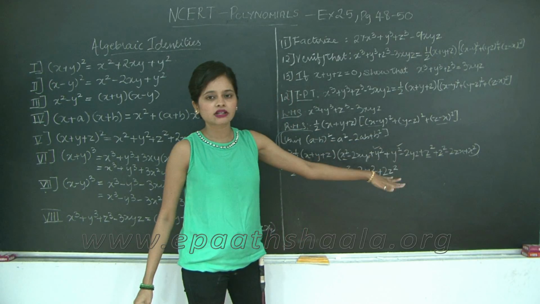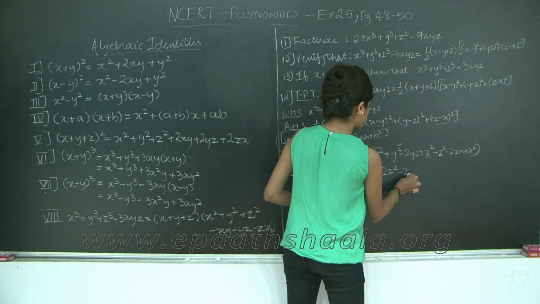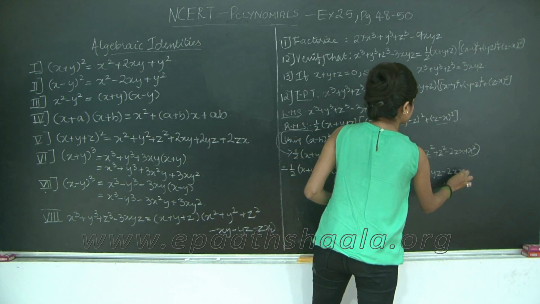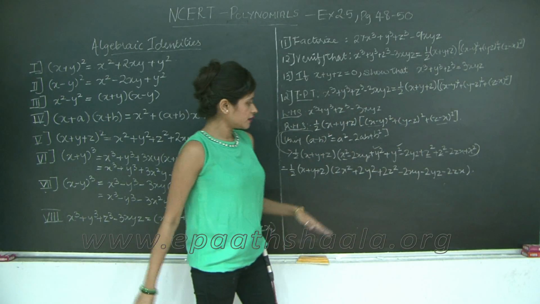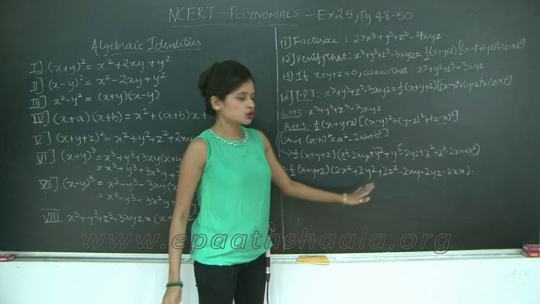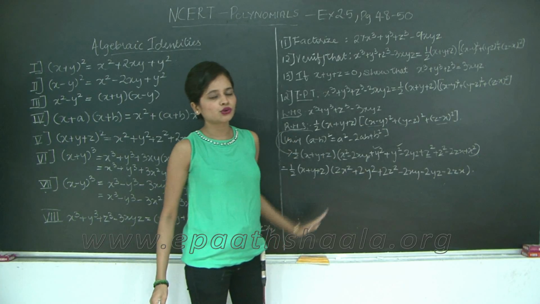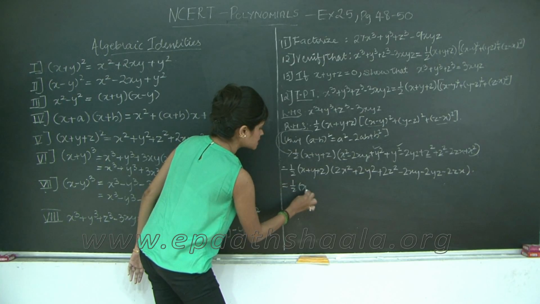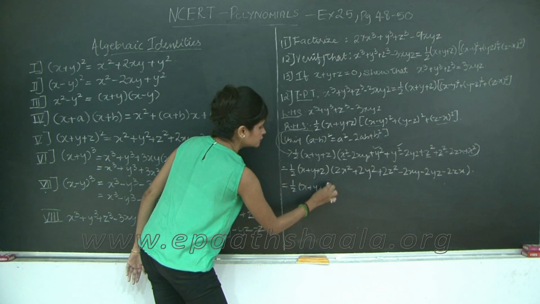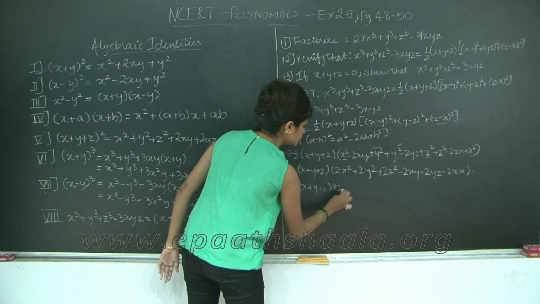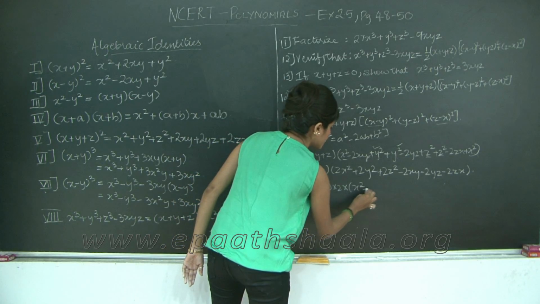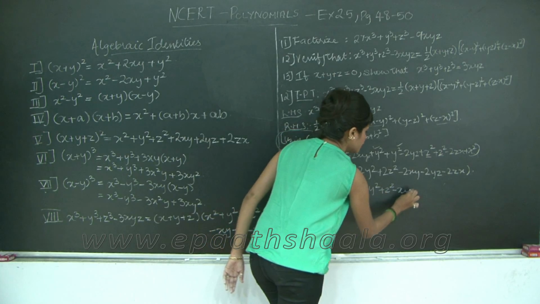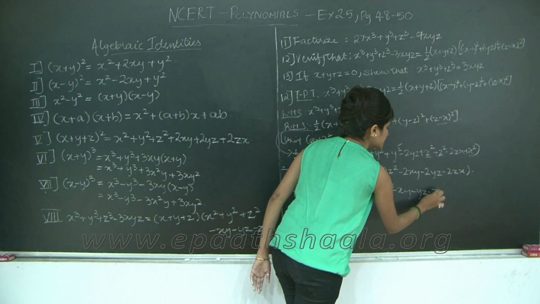So I write the remaining terms as they are, which is minus 2xy minus 2yz minus 2zx. Correct? Now see, in this bracket you have 2 with every term. So I will take 2 common from this bracket. So this equation becomes half into x plus y plus z into 2 into x square plus y square plus z square minus xy minus yz minus zx.